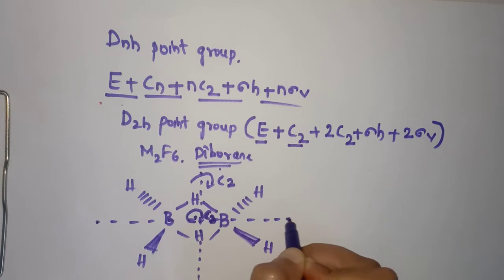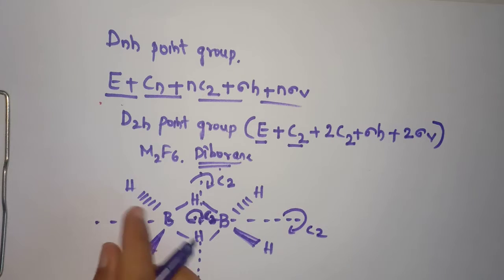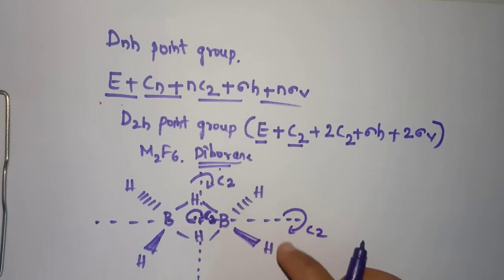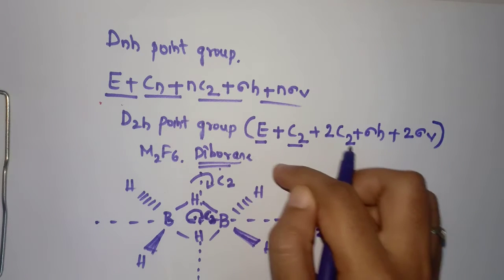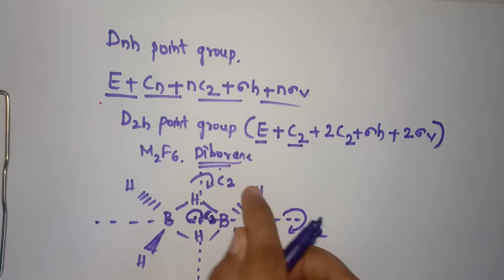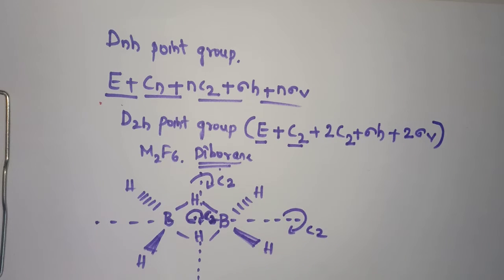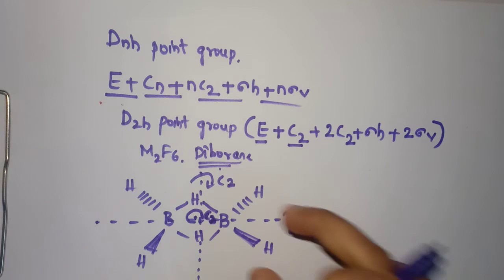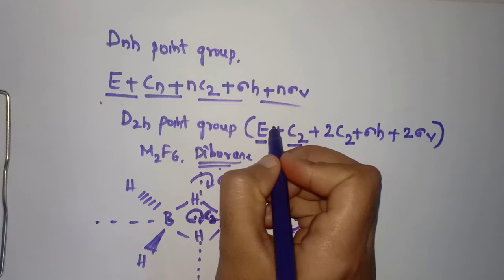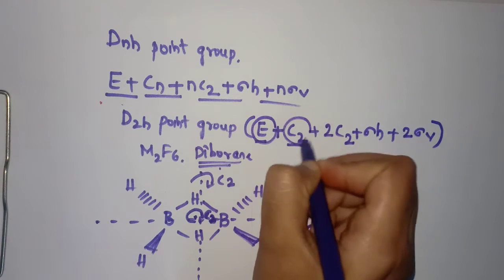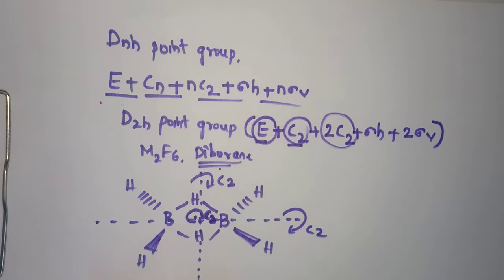Now if I pass an axis like this and rotate it by C2, these two hydrogens will go on the upper side, whereas these two hydrogens will come on the down part. Again, if I perform another C2 operation, rotating by another 180 degrees, we will get an equivalent configuration. So we have found identity, C2 plus 2C2 in this diborane.